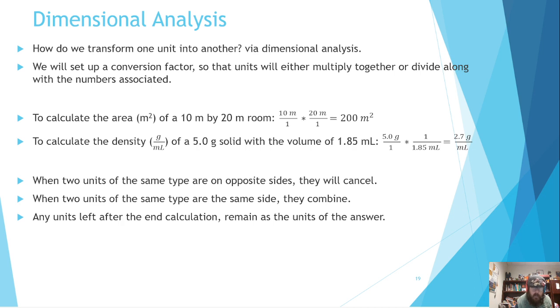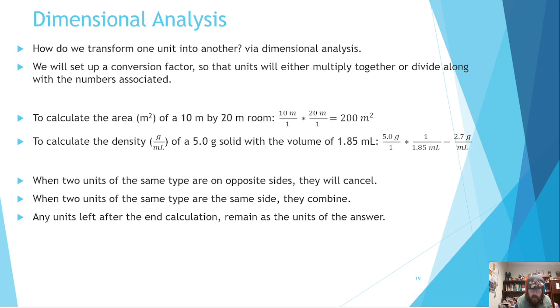But generally speaking, when two units are the same type on opposite sides, they will cancel. So if I divided grams by grams, grams would cancel. Now when two units are the same type on the same side, they combine, as with meters by meters. And any units that are left after the calculation must match the units of the desired answer. That is one way to confirm we are done.